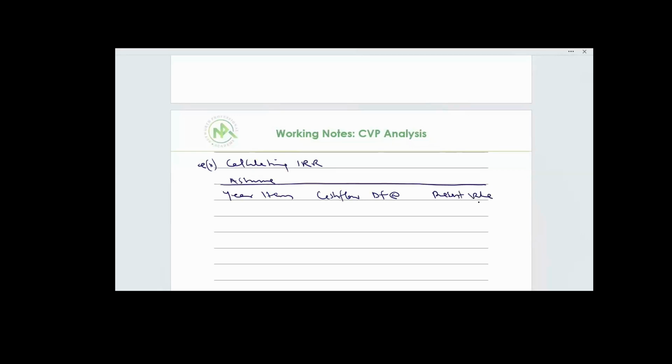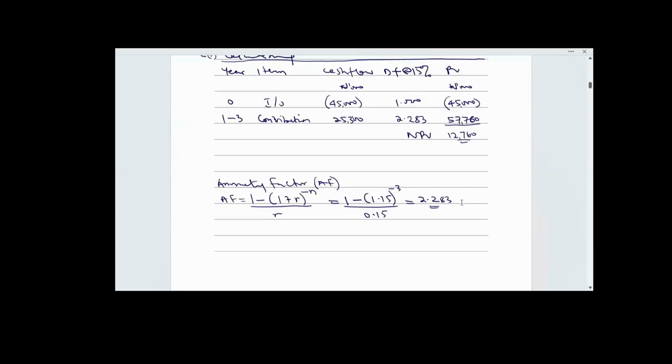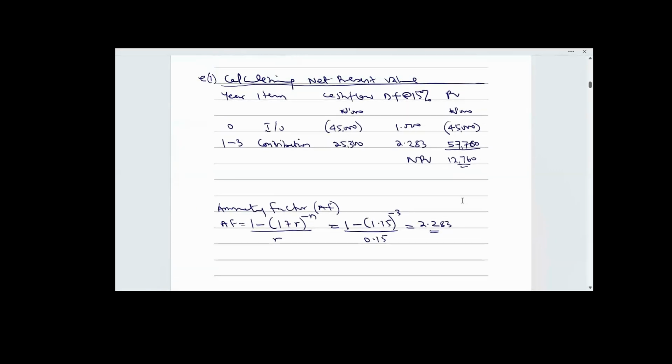Before you assume your discount rates, you must be very careful so that you don't just be doing iteration. In this particular question, our annual contribution is 25,300,000.